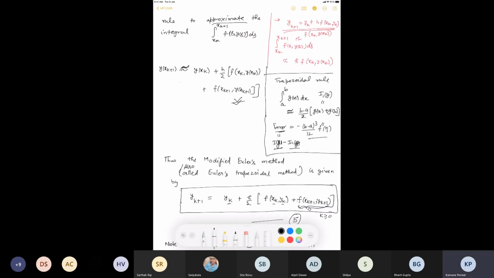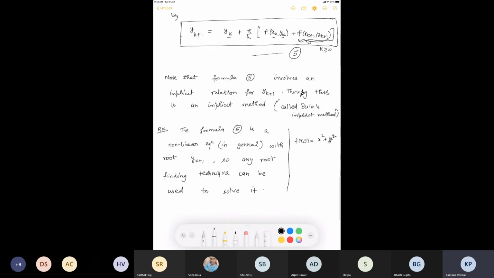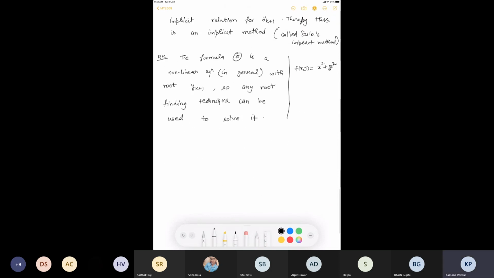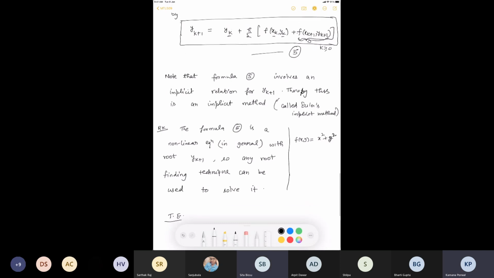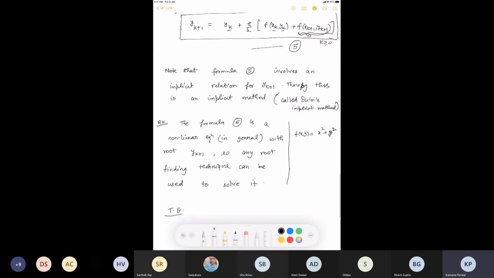Any idea? Any guess? With some reasoning. So what is the truncation error for this method? I'll look back at the formula. So you just see this 5.